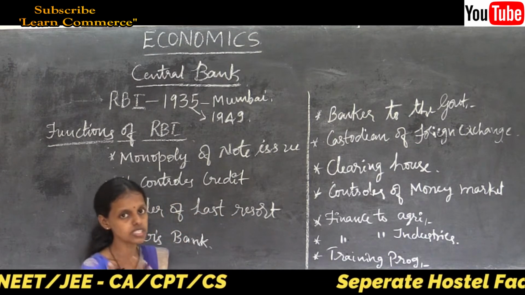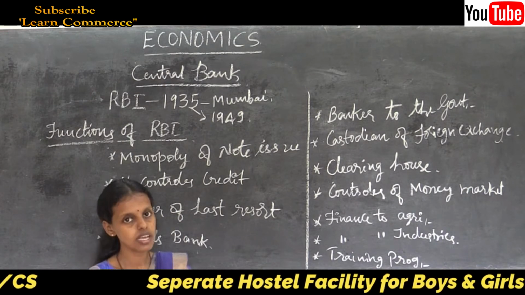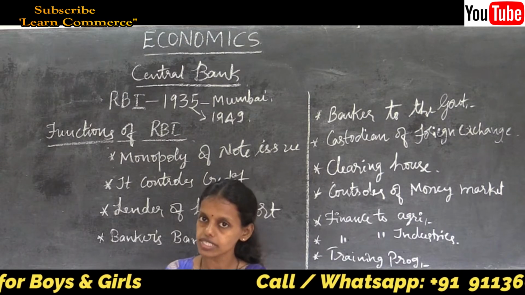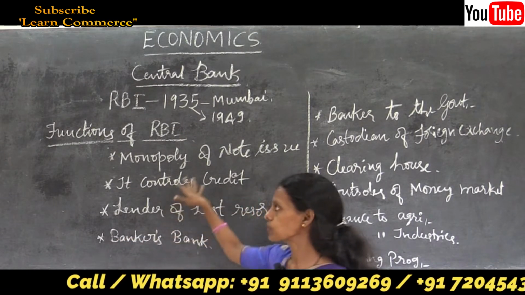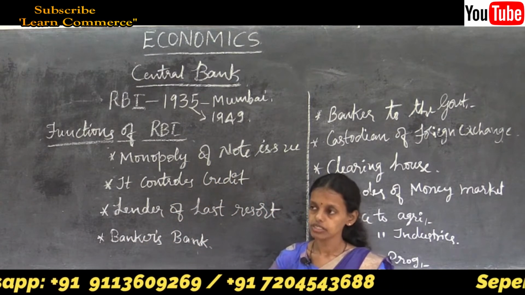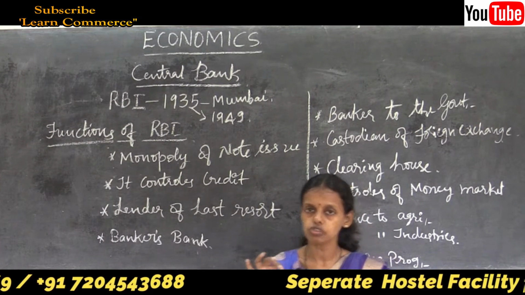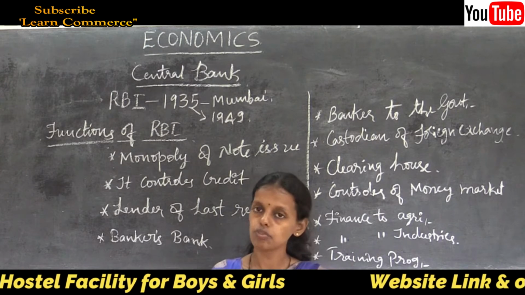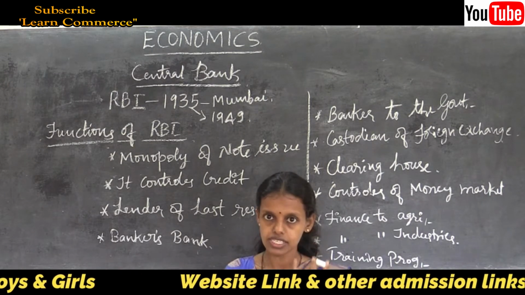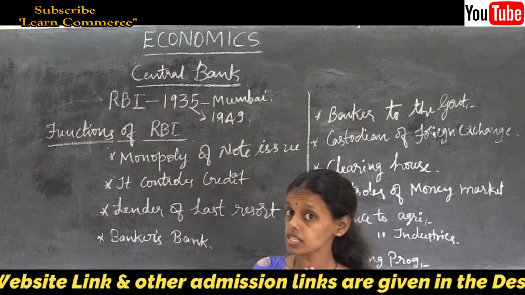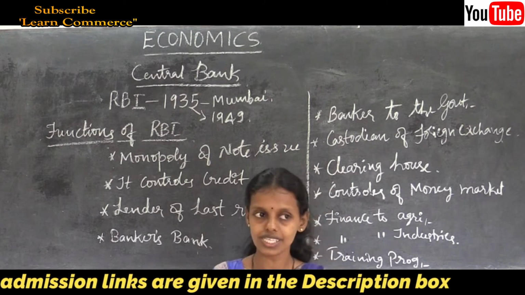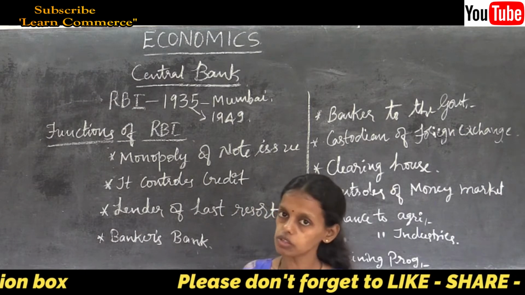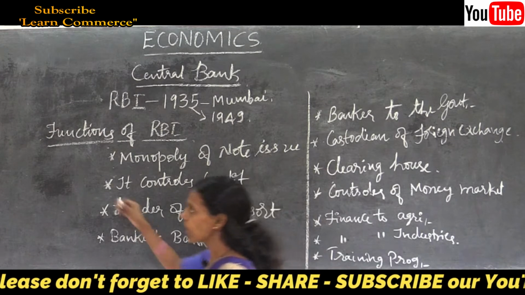The primary functions of this RBI are: it is a banker's bank, banker to the government, lender of last resort, and it has the monopoly of note issue. The main significant function of money is issuing currency notes. For example, all kinds of currency notes. Coins are not issued by RBI, students; it is the minting authority of India, the Government of India, GOI.